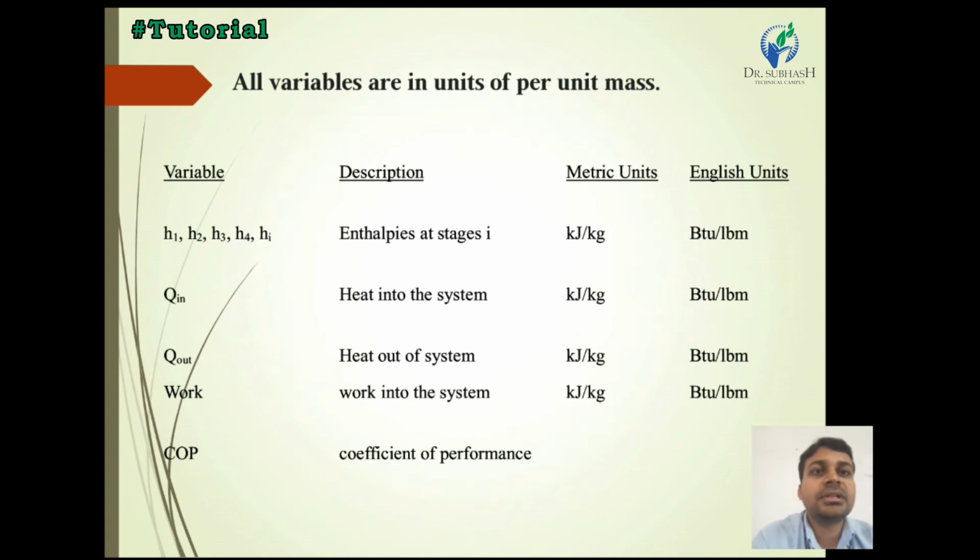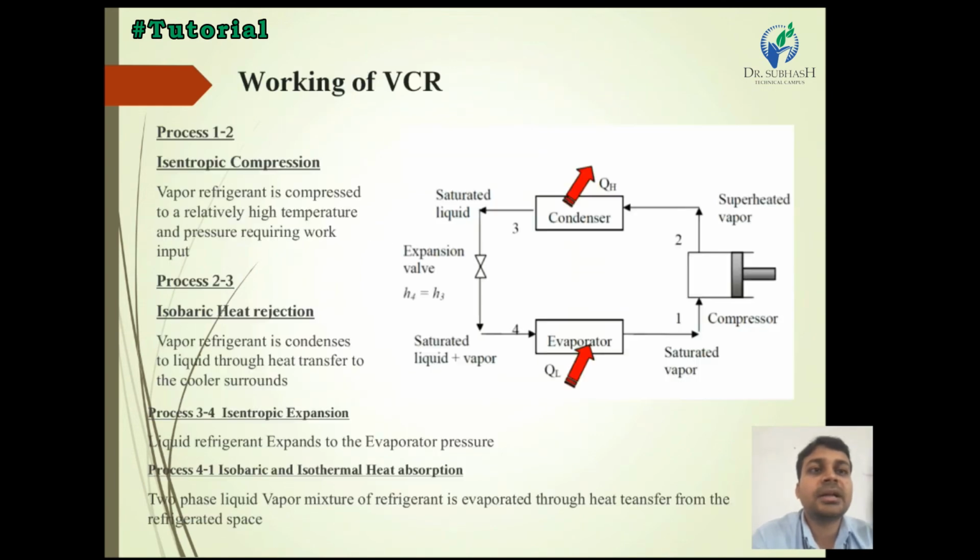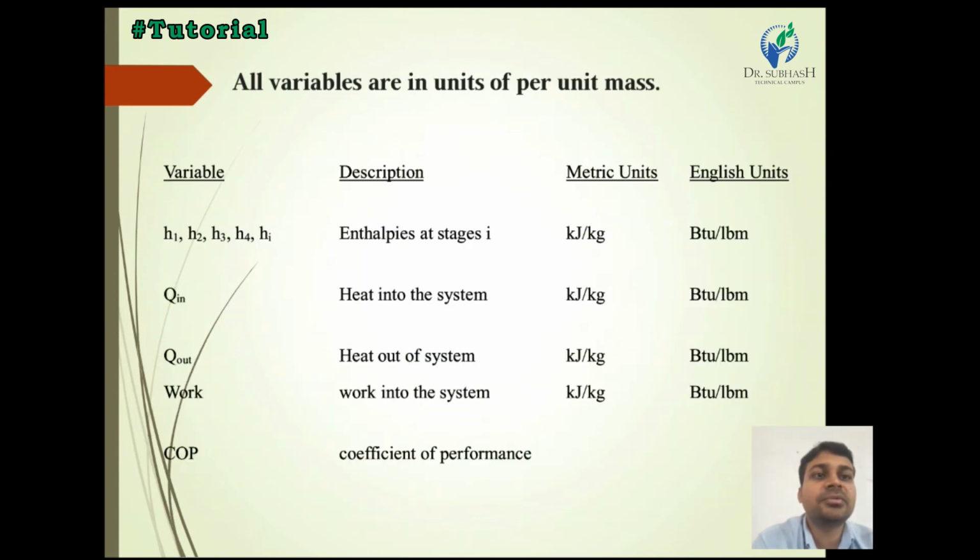Then we consider the variables in the vapor refrigeration system. First, in the diagram, we have compressor inlet 1, compressor outlet 2, condenser outlet 3, expansion outlet 4, and evaporator outlet 1, meaning states 1, 2, 3 and 4, with enthalpies H1, H2, H3 and H4.